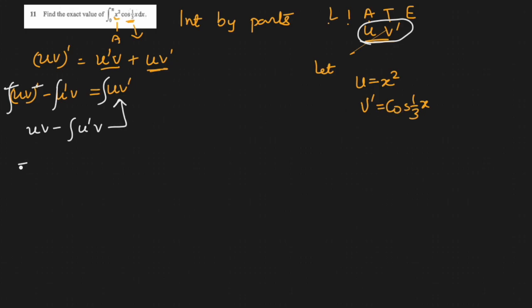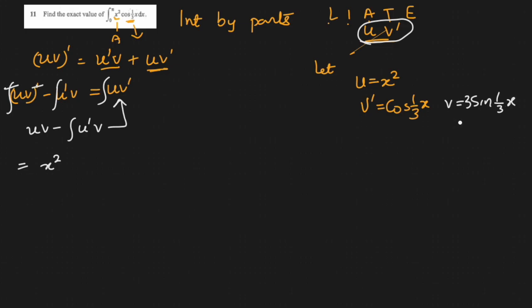So our solution will be u first, u is x square. v is not here, so we'll integrate this and we'll get v. Integration of cos 1 over 3x will be positive sine 1 over 3x divided by 1 over 3.